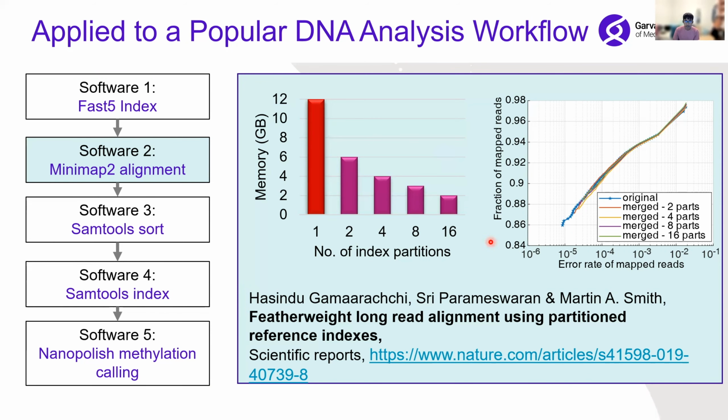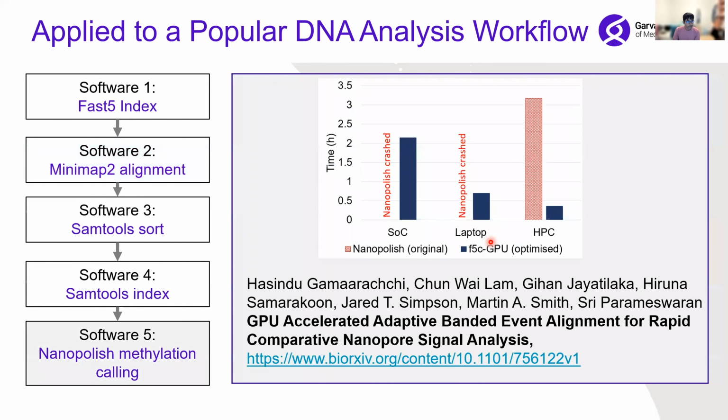And then this methylation calling software was very time consuming. But when you really analyze the software, you can see even though it is multi-threaded, not all the cores are effectively used because of various bottlenecks.